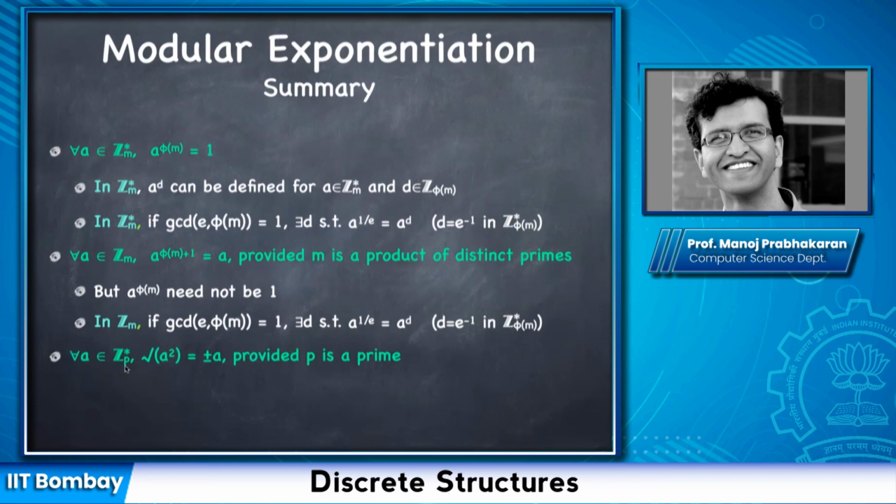We looked at ZP star mainly, where P is a prime, and every element which has a square root has two square roots. And if the prime P has a special property, namely P minus 1 over 2 is odd, then within the set of quadratic residues, there is only one square root.